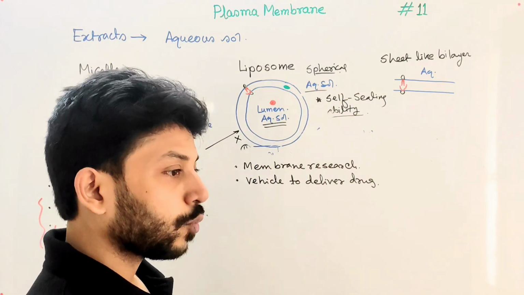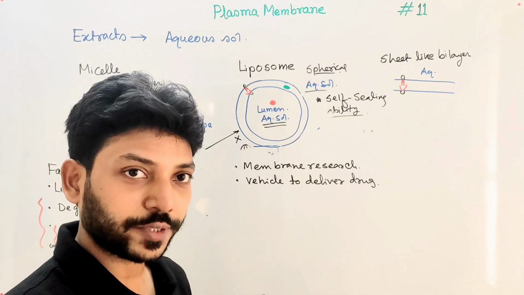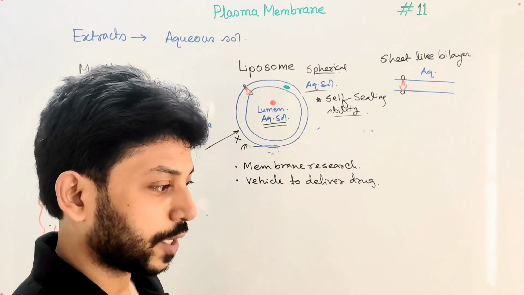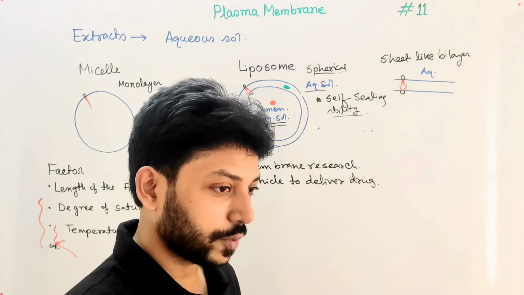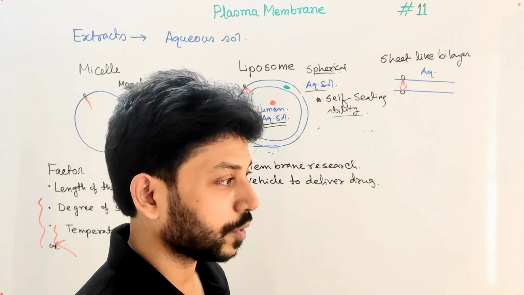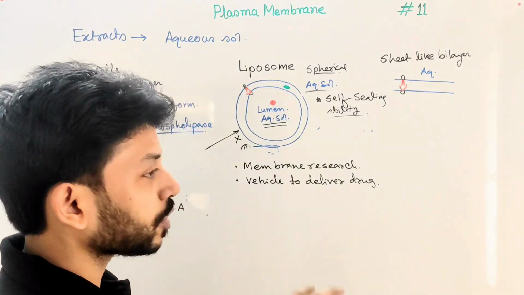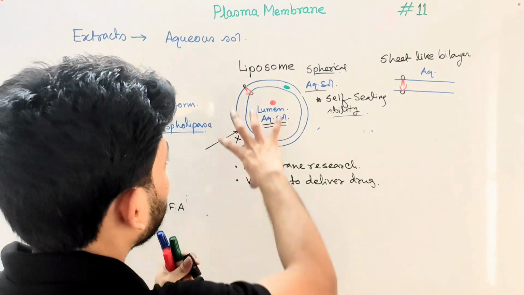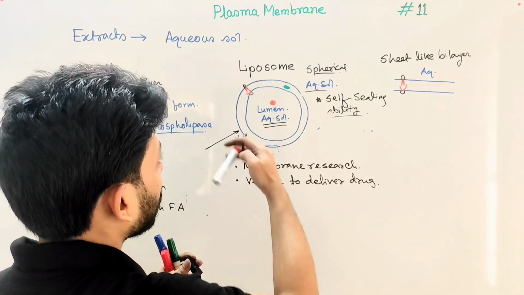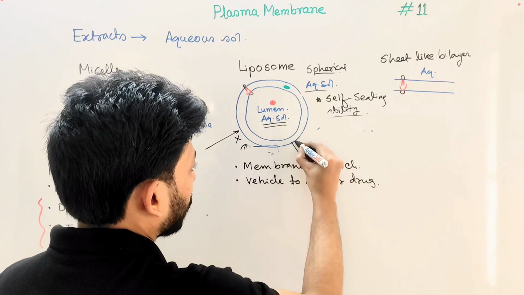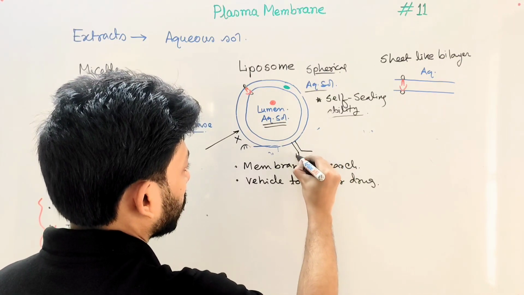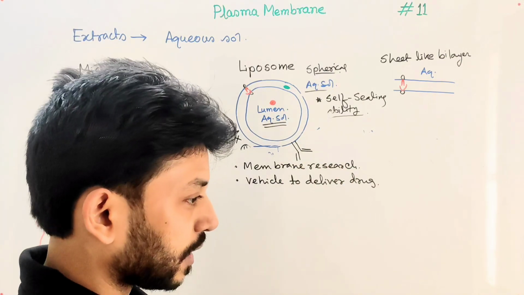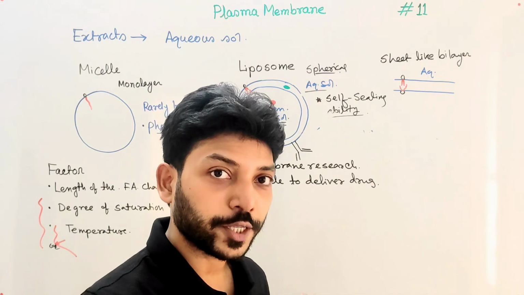Now, if you want to target a particular type of cells, let's suppose a particular population of cells is performing some wrong functions, then you can tag these liposomes with an antibody. We know that an antibody can specifically bind with an antigen.